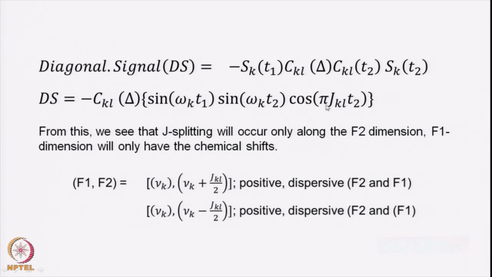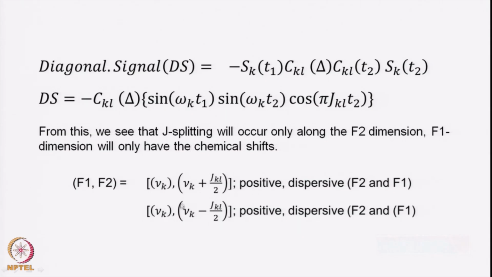Along the F2 dimension I will have 2 peaks, because when I expand this there will be 2 terms. So F1, F2 will have the frequencies like this: nu k along the F1 dimension and nu k plus jkl by 2 along F2, and the second peak will be nu k along F1 and nu k minus jkl by 2 along F2. Therefore, there is a splitting here, and the separation between them is the coupling constant.